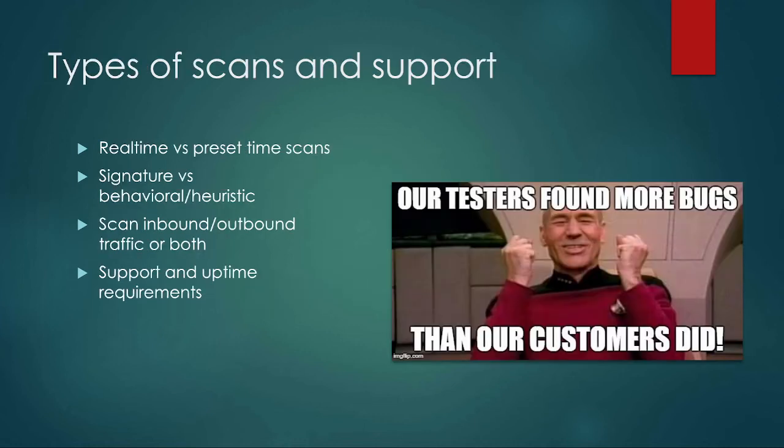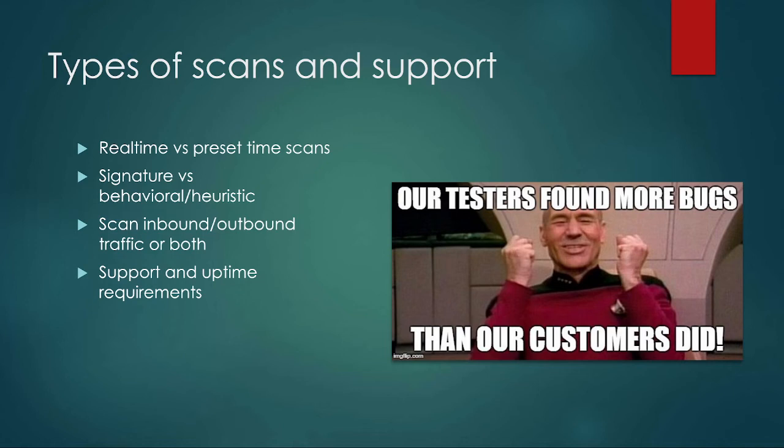Now, when we talk about the different types of scans, we have vulnerability scanners, which are saying, hey, where are the holes in the wall to our castle, the castle being the server. We can also have other types of scans. We can have real-time scans, what's happening right now. We can have preset time scans, what happens at 1 a.m. We can have signature-based scans.